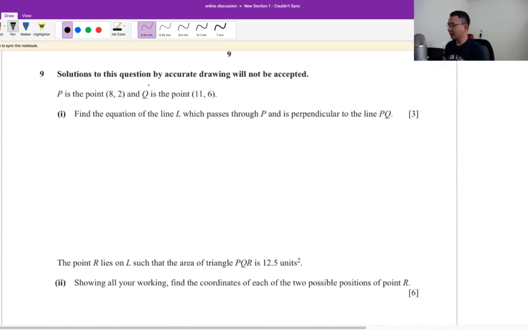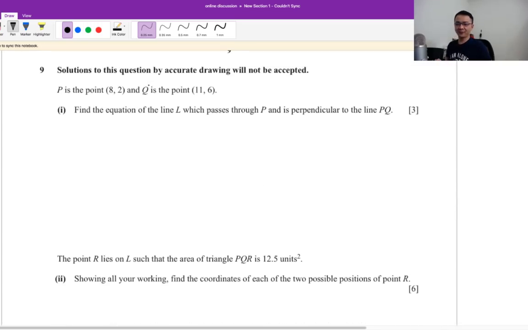Let's move on. Number 9 here. P is the point 8, 2 and Q is the point 11, 6. Then find the equation of the line L passing through P and perpendicular to PQ.